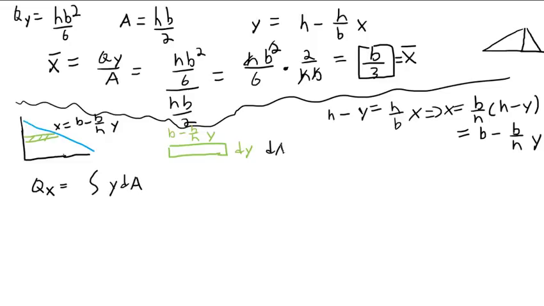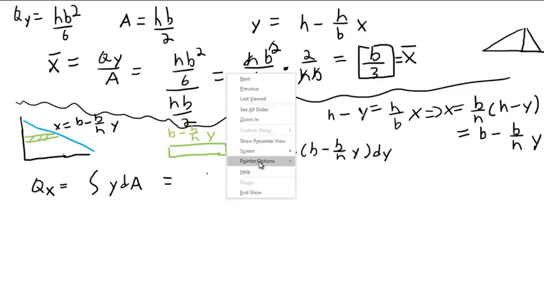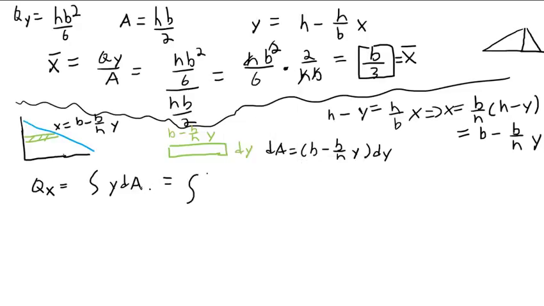And again, dA here will be b minus b over h y dy, equals, so we'll have the integral from 0 to h of y times b minus b over h y dy.